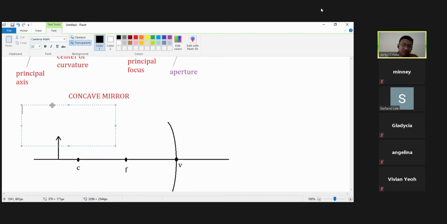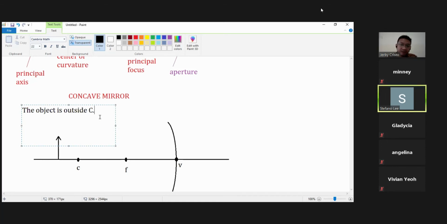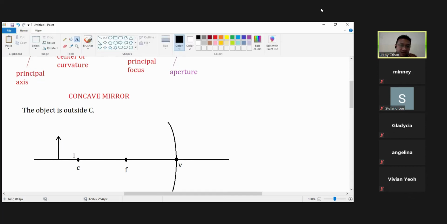In this case, the object is outside C. When we say outside C, it means if this is point C, the object is here, further away from point C with respect to the vertex. So it's outside.